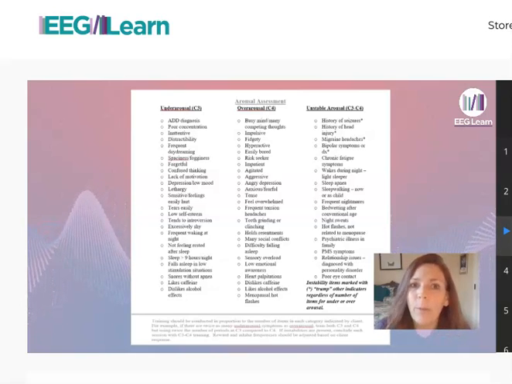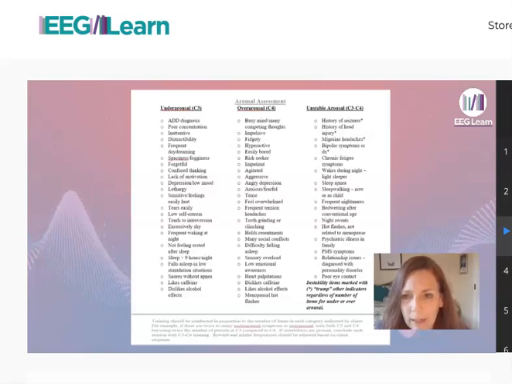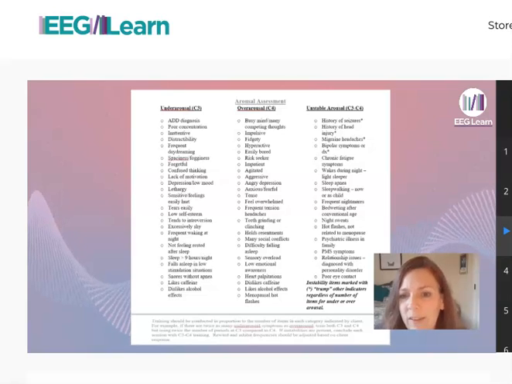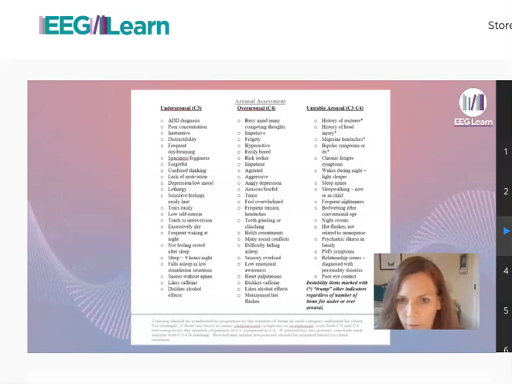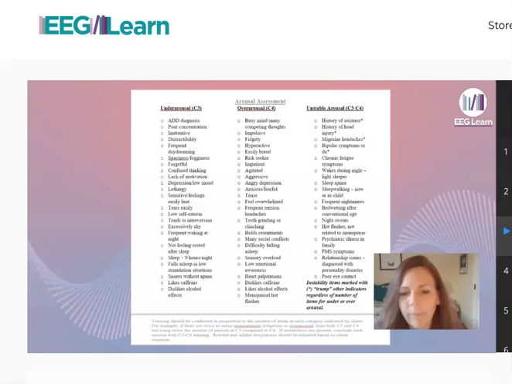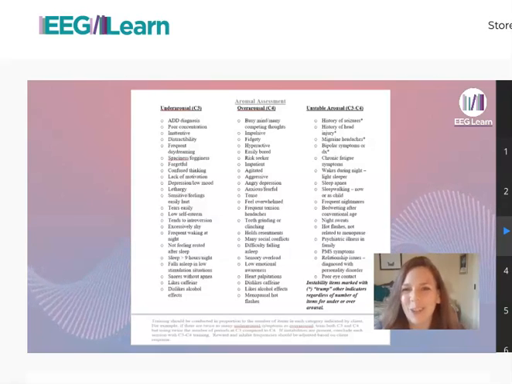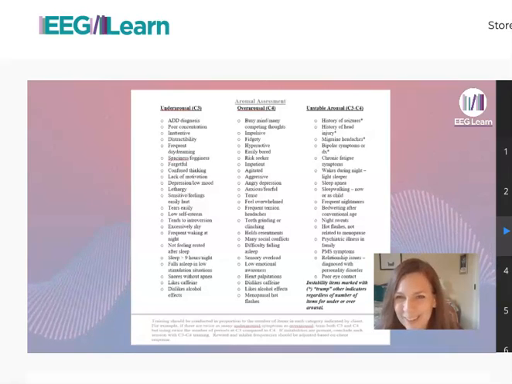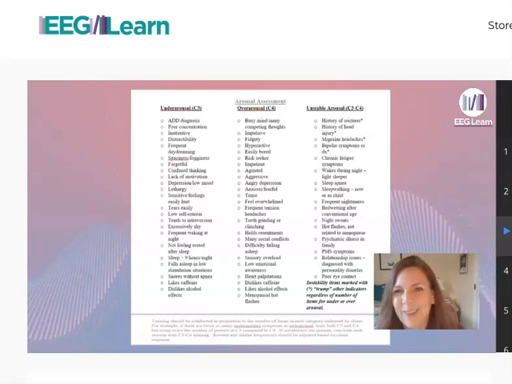Some of our other people that are not traumatized or have instabilities might respond well to other interventions and never find their way into our office. But just the nature of the beast, if you're a neurofeedback provider, you're going to see a high percentage of disordered arousal clients and unstable arousal clients.